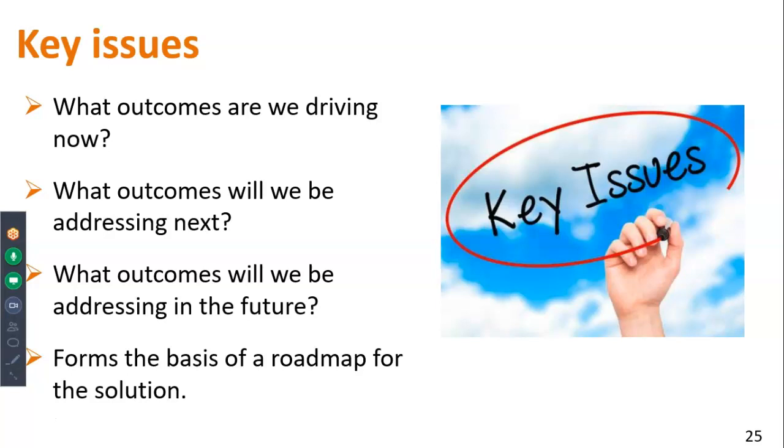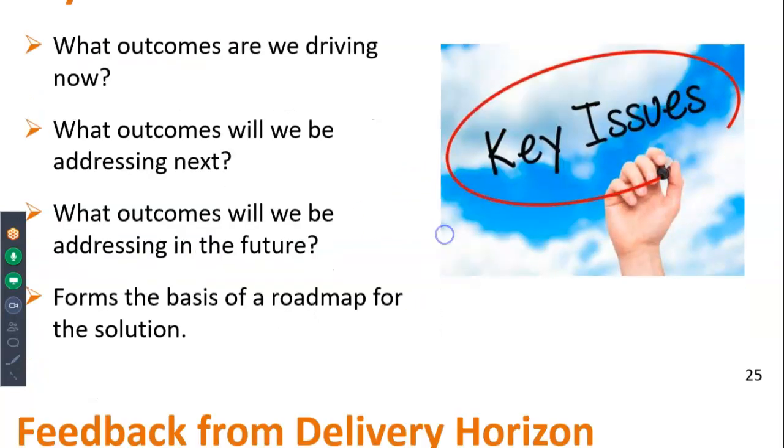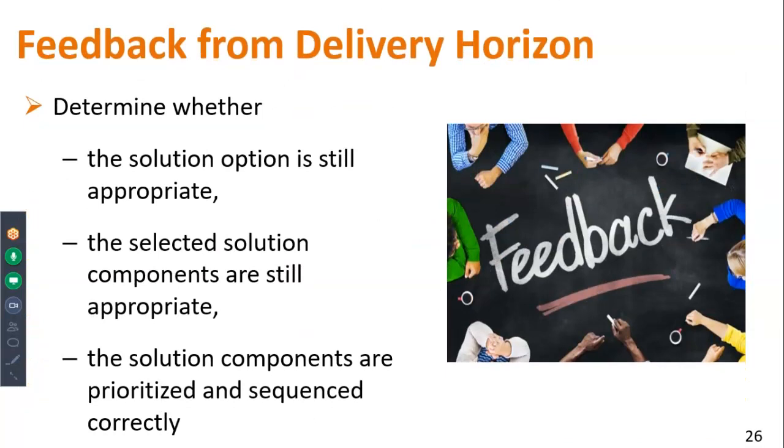This is that product roadmap driven down a little bit further with a little bit more detail to it. It's still about determining how we're going to deliver value in a shorter time frame than the strategic horizon. Feedback from delivery is going to be very key for the initiative horizon.